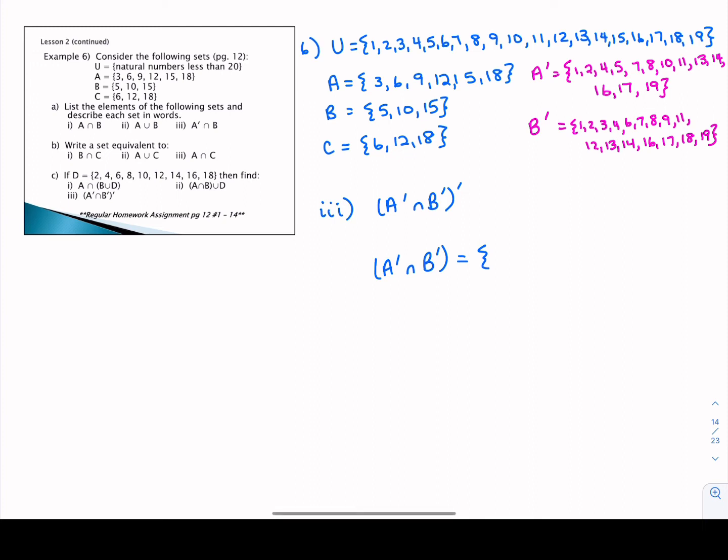So we've got 1, 2 shared between those two complements, 4 is shared between those two complements, 6 is not shared, but 7, 8, 9, 11 is shared, not 12, 13, 14, 16 is shared, 17 is shared, 18 is not shared, but 19 is shared between those two complements. So this is not A intersect not B. So that's what's shared between both of them.